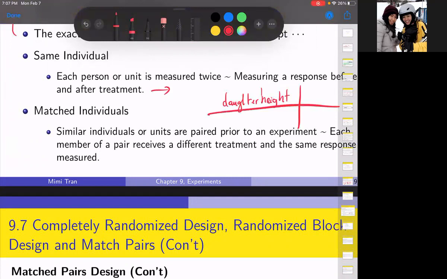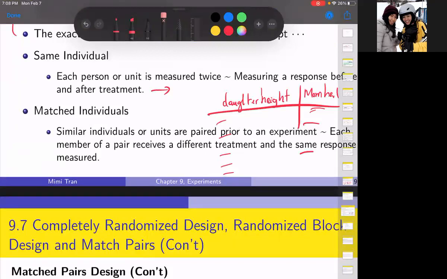And then over here we have mom height, right? So here daughters, Mimi, Antoinette, Bailey, Megan, Caitlin, and then all the moms. And then we compare. So that is matched individuals. You compare with somebody similar to you, which is your mom or your dad.